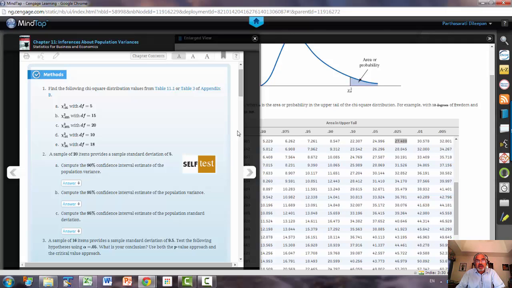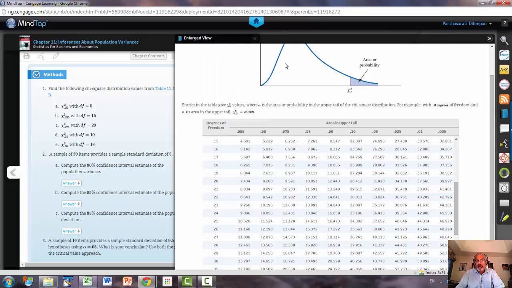A 90% confidence interval means the middle area is 90%, so 10% will fall equally on the two sides: 5% here and 5% here. So the subscript for this value would be 0.05, and for the other value the right side area will be 95% because this tail is 5%, so the subscript is 0.95.